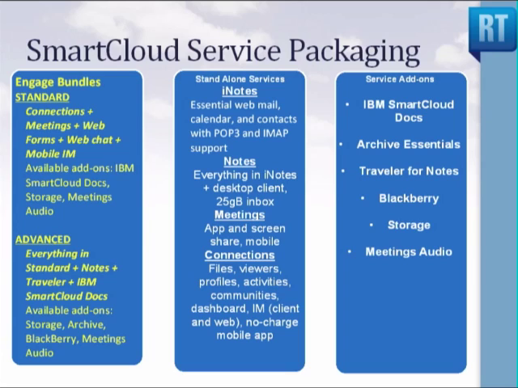If you look down at the advanced bundle, that includes everything and mail, and that's Notes Mail with the Notes client license if you want it, and it also includes Traveler, and it also includes IBM SmartCloud Docs.